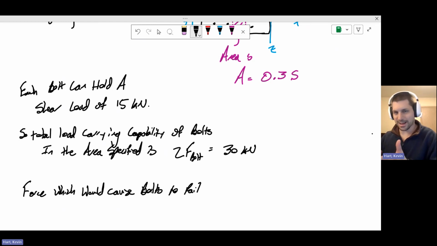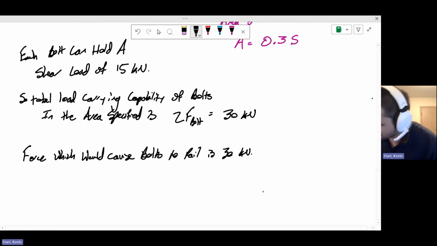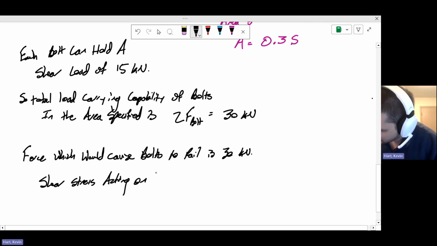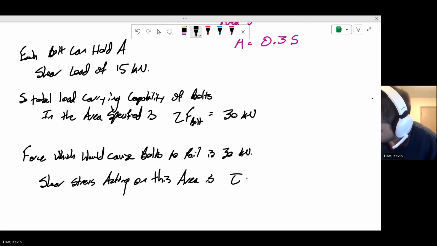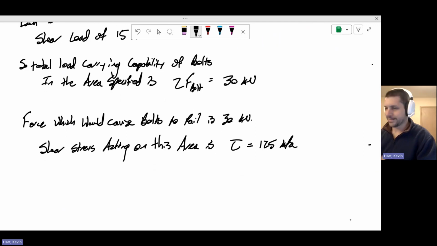And we need to protect that area. But that area has a shear stress acting on it. And the shear stress acting on this area is what we calculated before. We know that we need to protect against a shear stress of 125 kPa.